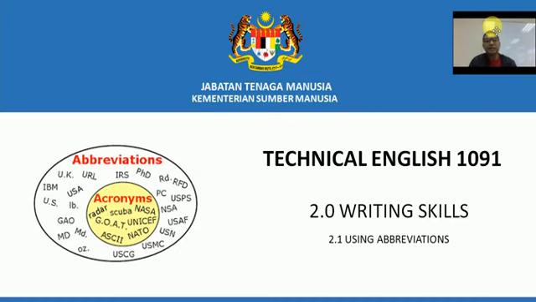So abbreviation in Bahasa, we call it singkatan. For instance, in scientific terms, or in maths perhaps, whenever we use centimeter, we will use the short form cm, and for other examples, kilometer would be km, or liter will be l. That would be the abbreviation form of that particular word.